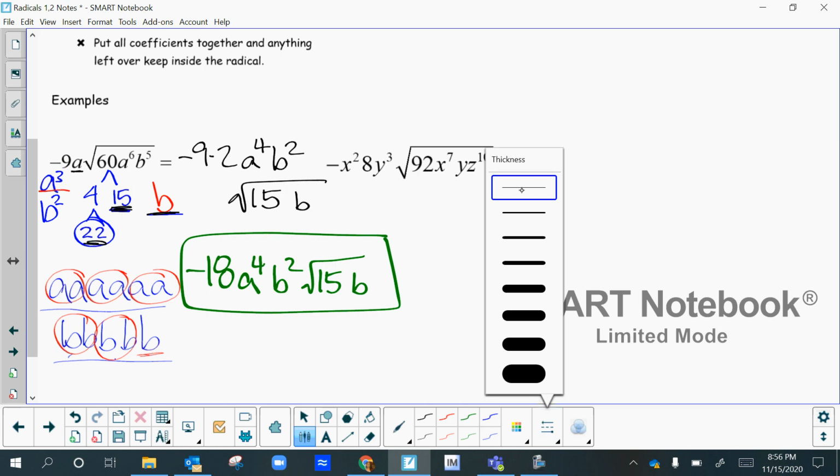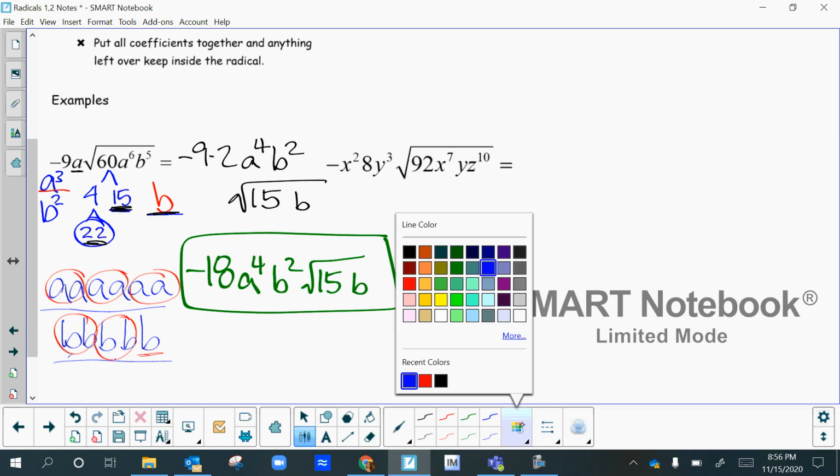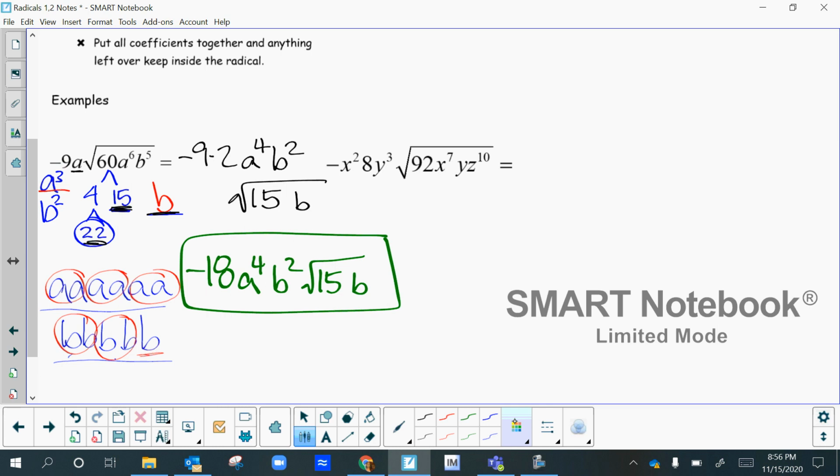So let's start simplifying this radical 92. So 92, what goes into 92? So here's where you want to use your calculator sometimes. Obviously, it's an even number, so I could divide by 2 and go from there. Okay, so let's just do that.